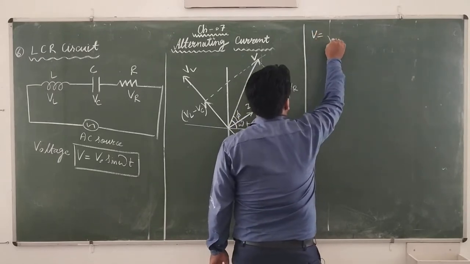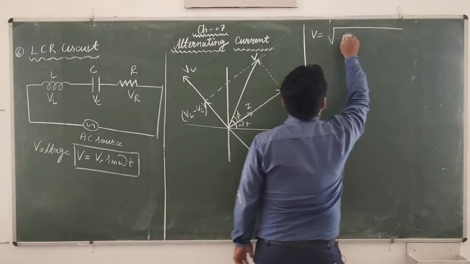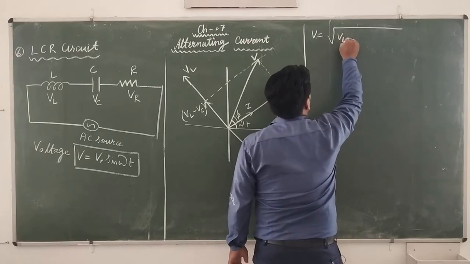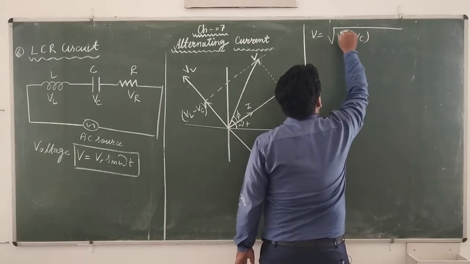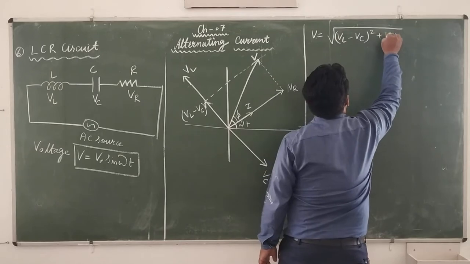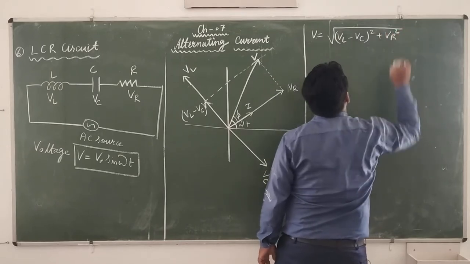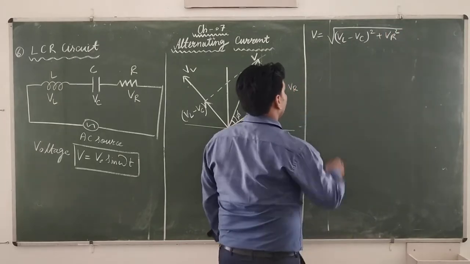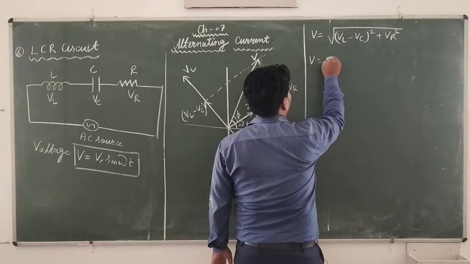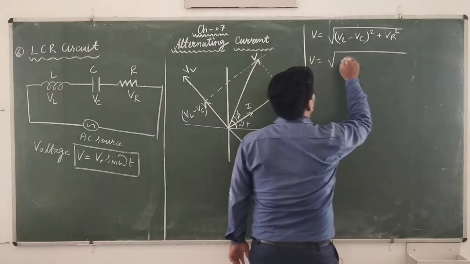So V comes out to be under root VL minus VC whole square plus VR square. Okay, let us put the values of voltage.